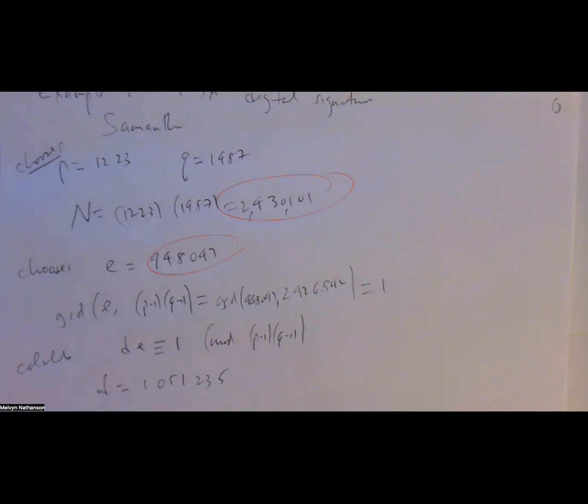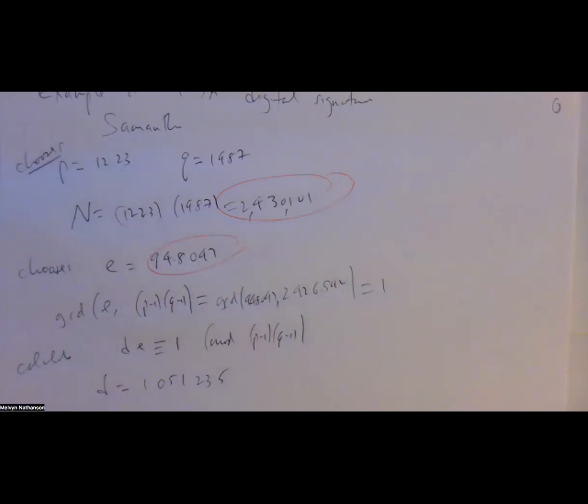If I take D times E minus 1, I want DE to be congruent to 1 mod P minus 1, Q minus 1.